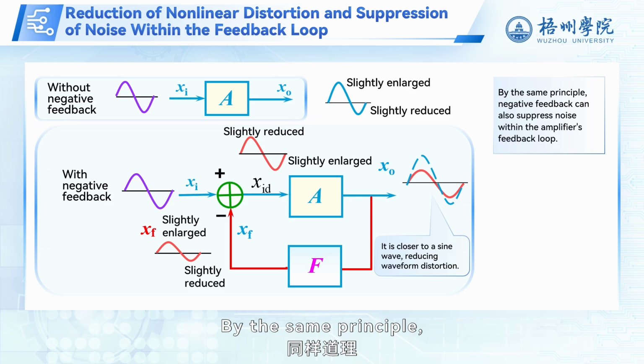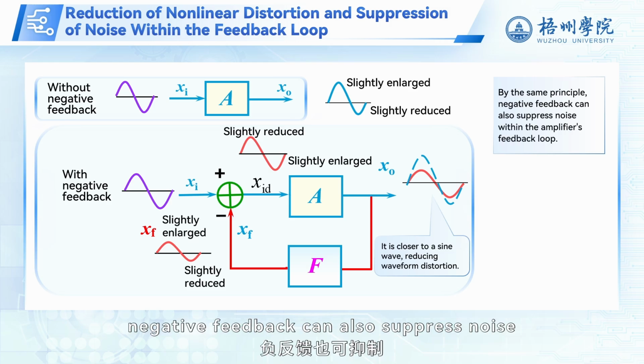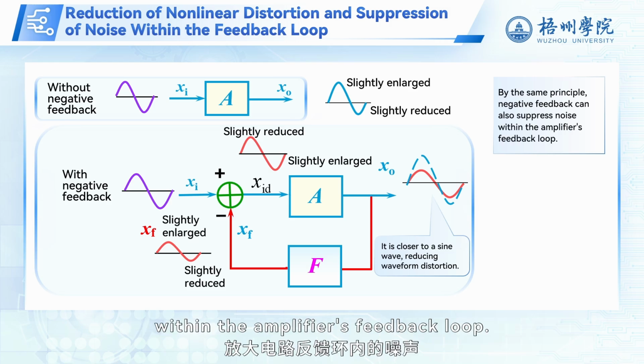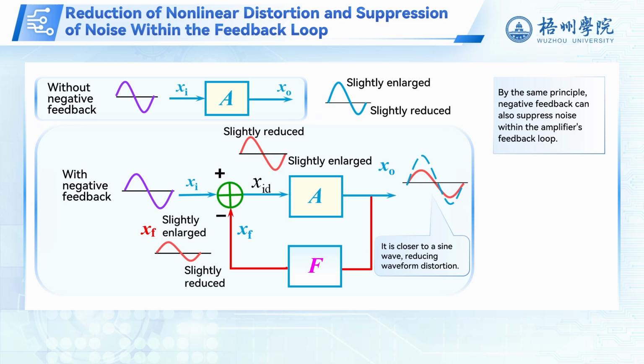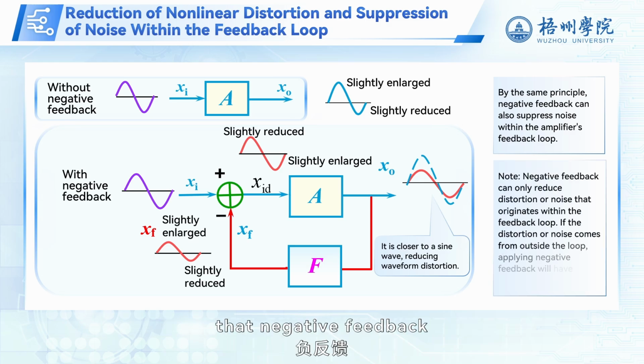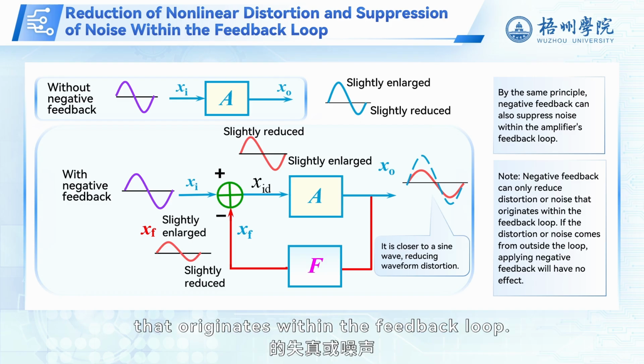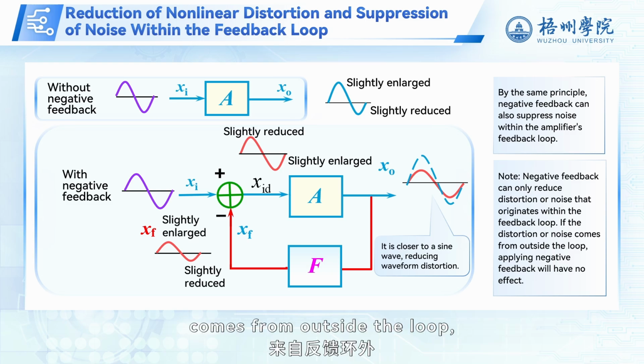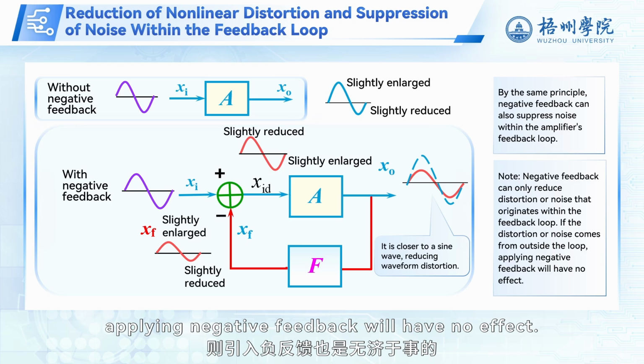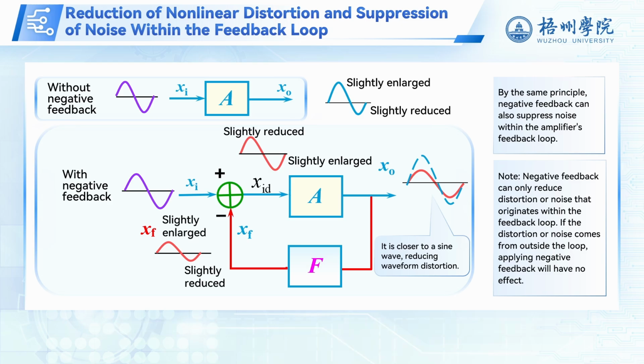By the same principle, negative feedback can also suppress noise within the amplifier's feedback loop. It's important to note that negative feedback can only reduce distortion or noise that originates within the feedback loop. If the distortion or noise comes from outside the loop, applying negative feedback will have no effect.